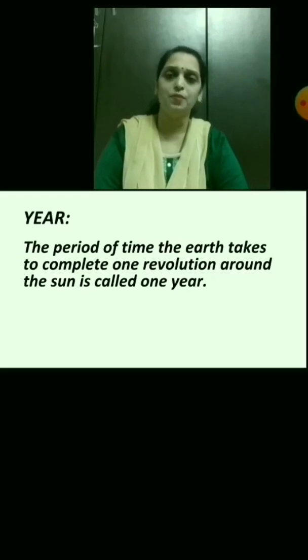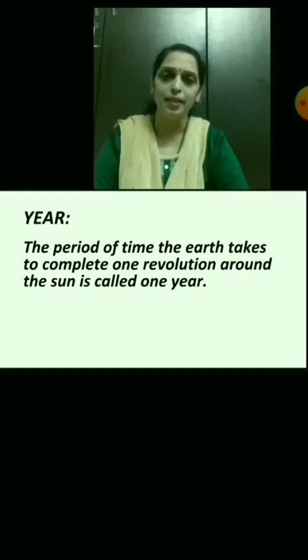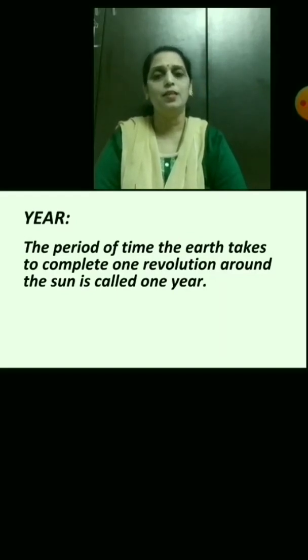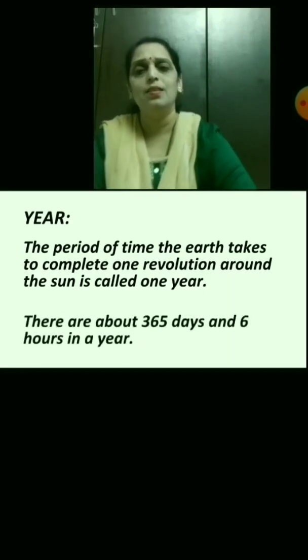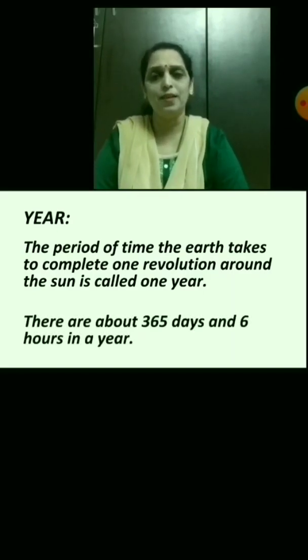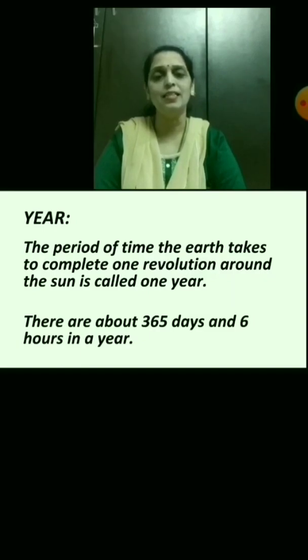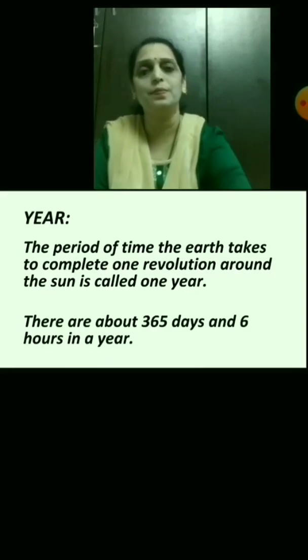The period of time the earth takes to complete one revolution around the sun is called 1 year. There are about 365 days and 6 hours in 1 year. How many days? 365 days and 6 hours in 1 year.